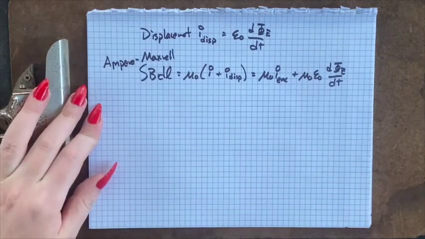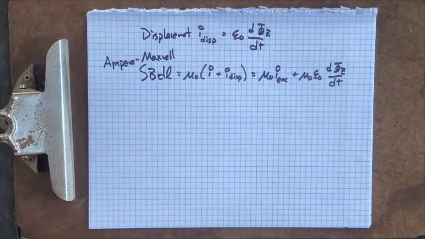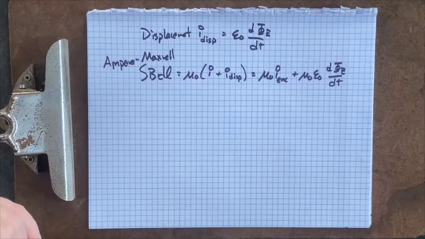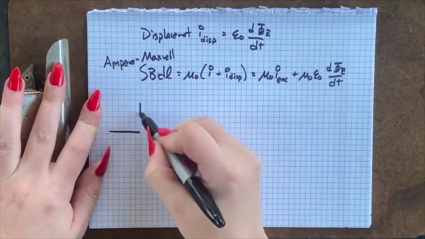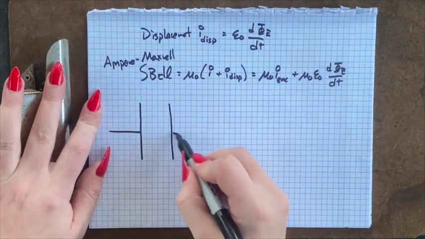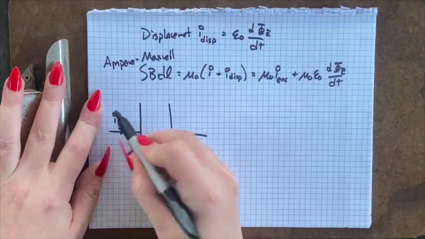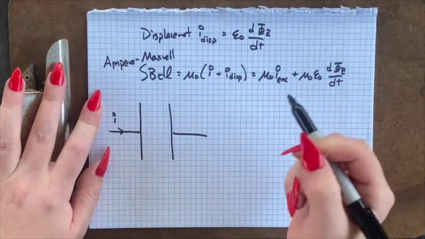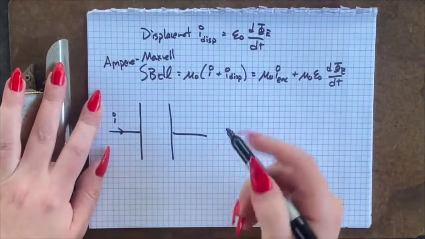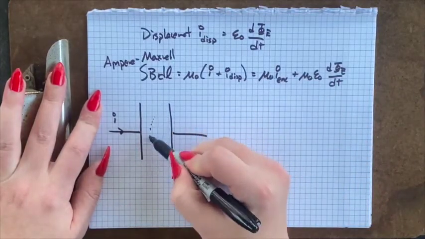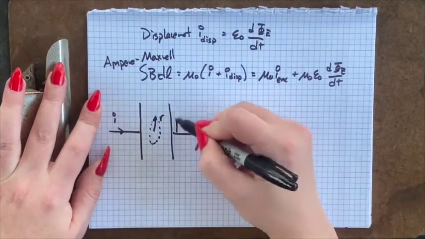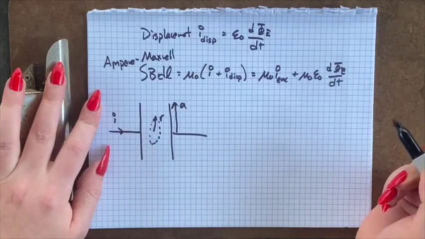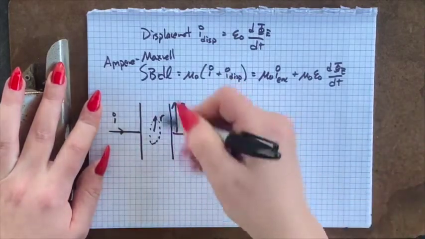Let's say we wanted to find this situation in between the plates at some variable r. We have a known current that's coming in, that's delivering charge to the plates according to rules. And I want to know at this radius, going all the way out to, let's call this radius a, how does the magnetic field vary all along on the inside?